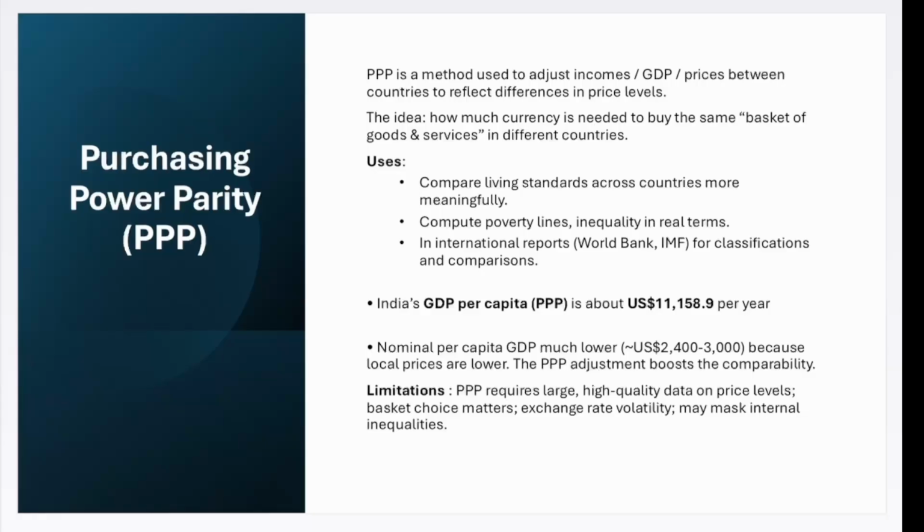Some people say that a person is earning so much money in the US, but is that money worth the same value in India as it is in the US? So let's understand this. PPP is a method to adjust incomes or GDP or prices between countries to reflect different price levels. The idea is how much currency is needed to buy a basket of goods and services.